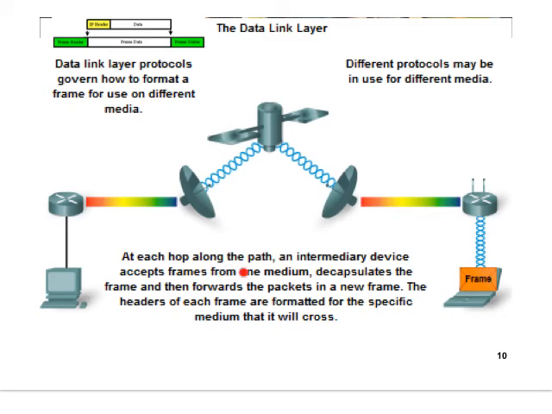At each hop along the path, an intermediary device accepts the frames from one medium, decapsulates the frame, and then forwards the packet to another medium. So the data link layer has to decapsulate and regenerate based on the next medium. At every hop, you have to encapsulate based on the new medium.